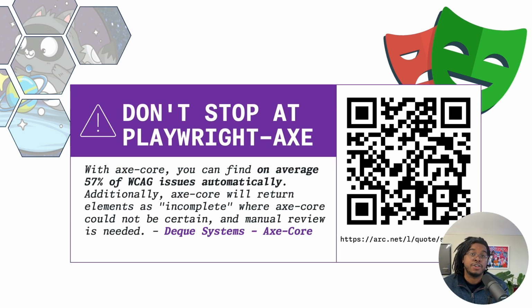Now you've seen how you can test for accessibility, but please don't stop at just testing it via Playwright. Deque Systems admits that you'll find on average about 57% of the issues that meet WCAG standards with their tool. That's clearly not enough.